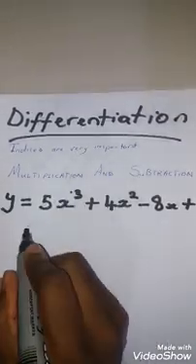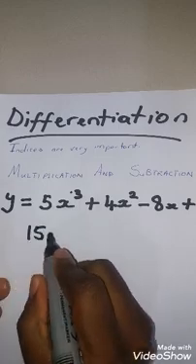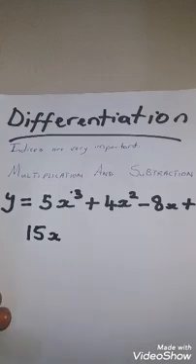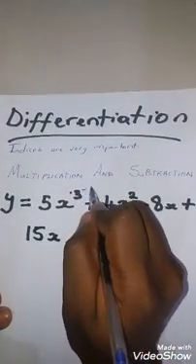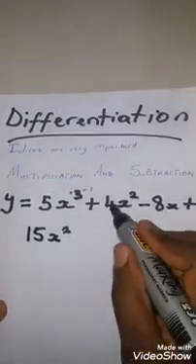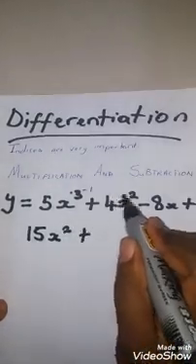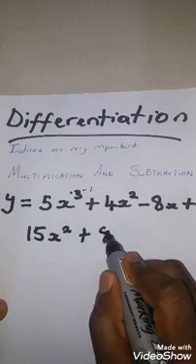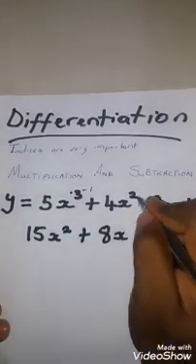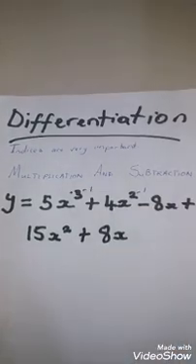So now multiplication: 5 times 3, 15, x, 3 minus 1. The power is always reduced by 1. 3 minus 1 will be 2. So we have differentiated 5x cubed to 15x squared. 4x squared, 4 times 2 will be 8x, 2 power minus 1 gives us 1.